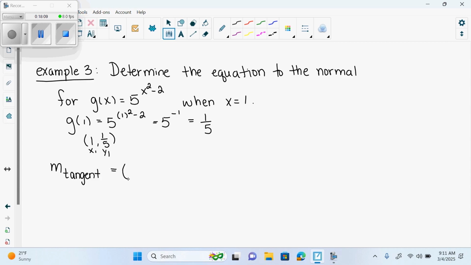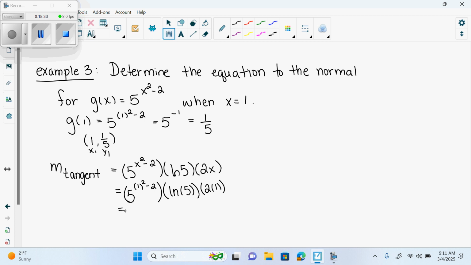All right. M tangent. So we rewrite it: ln the base, derivative of the exponent. And then we plug in a 1. So we get 5 to the 1 squared minus 2, which we know is 1/5, ln of 5, times 2 times 1.